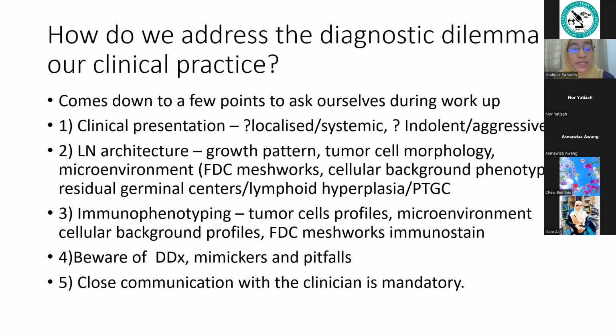What is the immunophenotype carried by the tumor cells and the microenvironment cellular background, as well as the presence or absence of follicular dendritic cell meshwork. Also beware of the differential diagnosis, and the mimickers and pitfalls. And most importantly, you need to have close communication with your clinician.